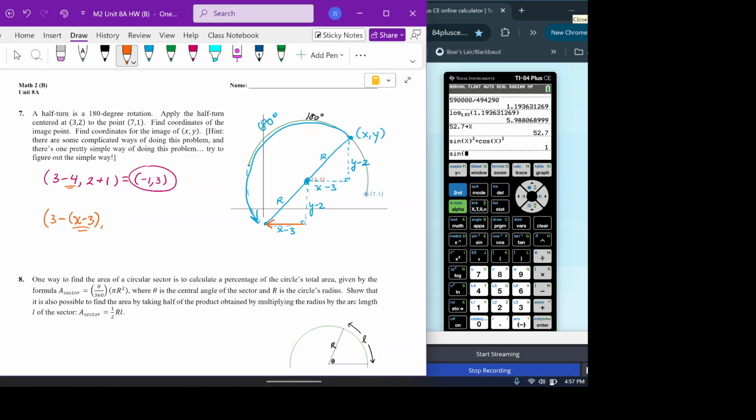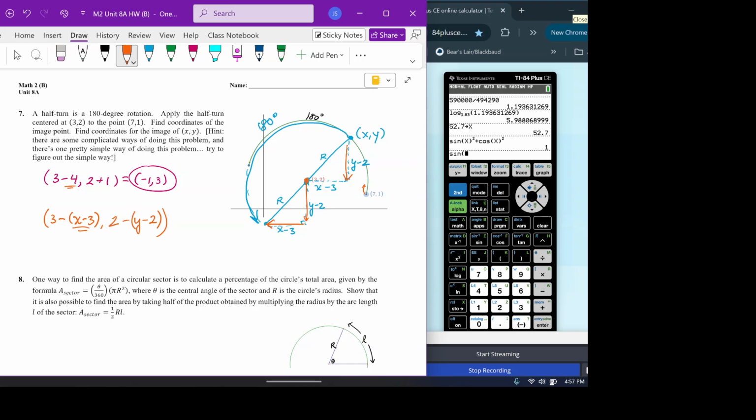I was at y, and I'm dropping y minus 2. I'm going down y minus 2. Before we were going up, that's why we added 1, but now we're subtracting. Sorry, I was starting at 2, and I dropped y minus 2.